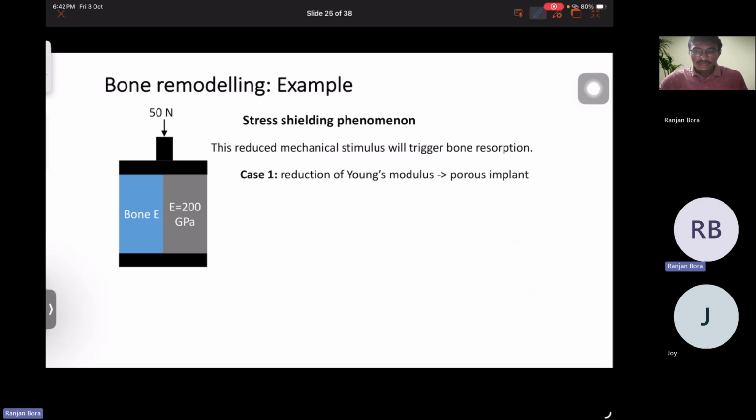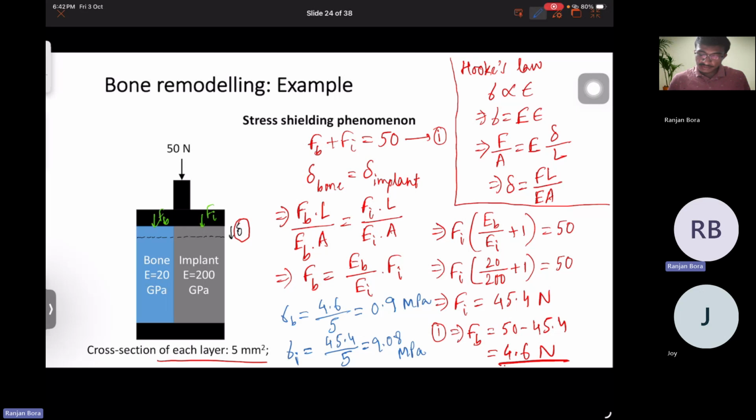So we can use a porous implant. You can see this equation. This equation comes from what we have already derived, F_B plus F_I equal to F. If we substitute F_B in terms of F_I, you can see in this equation F_I multiplied by (E_B divided by E_I plus 1).